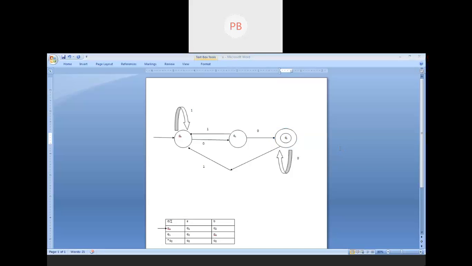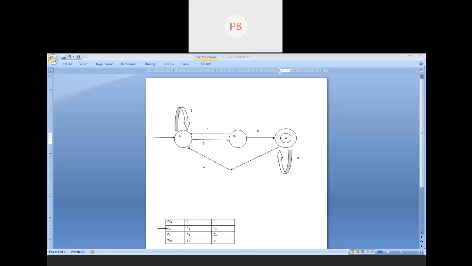That means this particular string is accepted by the DFA, which means this string is within the language. Okay, is it clear now?